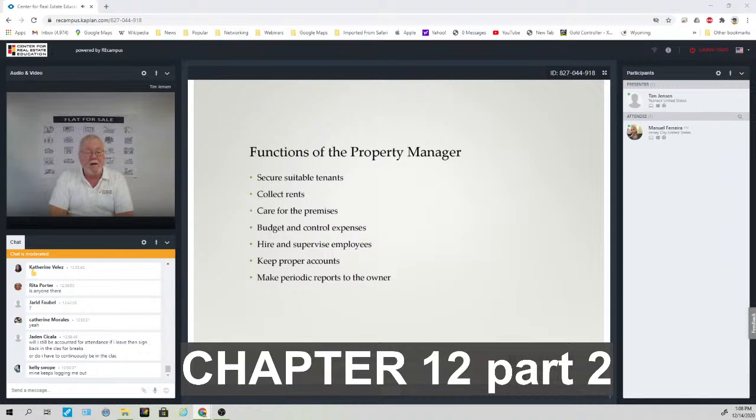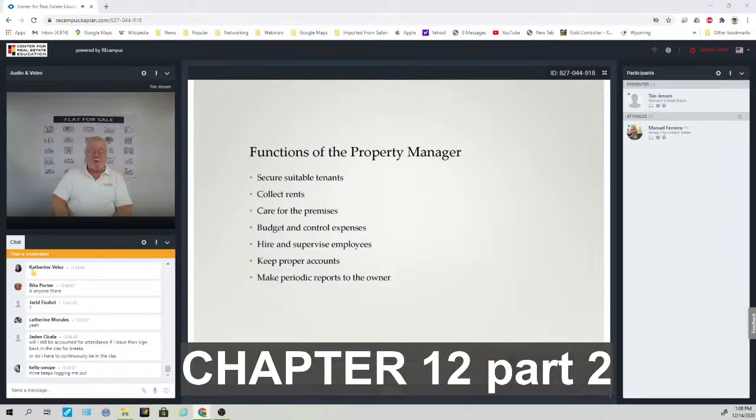A property manager is a very diverse type of person. They can handle many, many different areas of responsibility, and in fact do. Let's think what a property manager may do. First of all, they have to advertise and market the property to attract tenants.